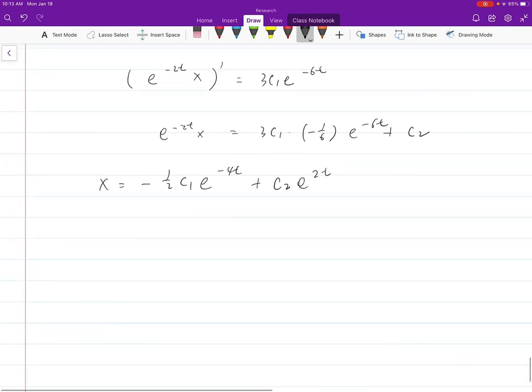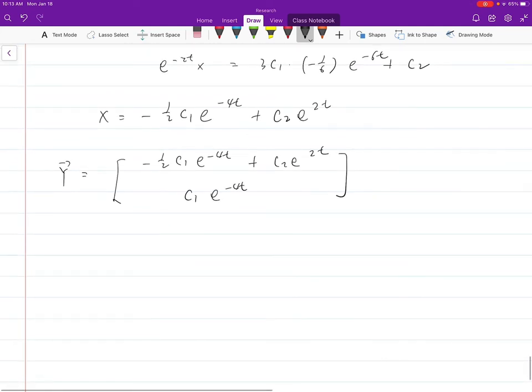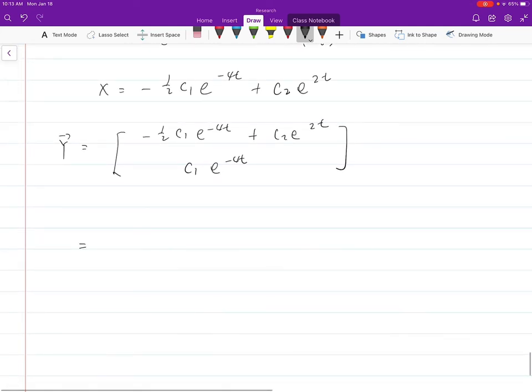C2 e to the 2t. Okay. So finally, if you write it down, your general solution will look like this. Your x is this. Your y is this. Okay. Now what we can do is we can take all the C1 out because eventually we want C1 something plus C2 something, right? So put everything C1 together.